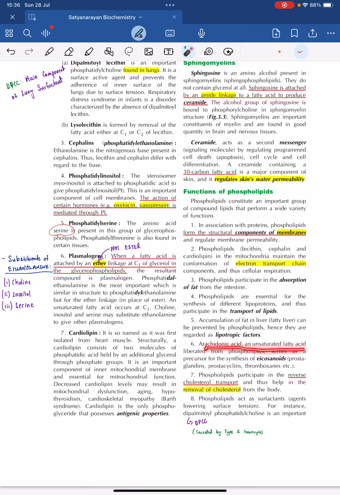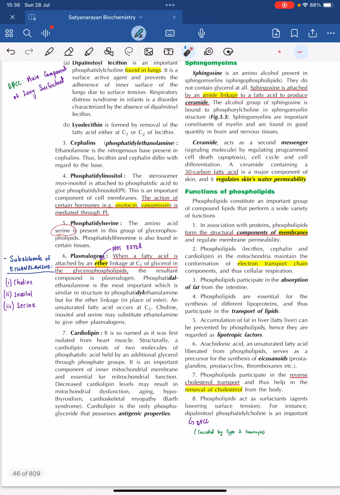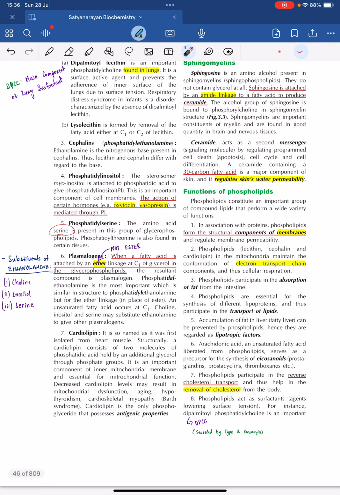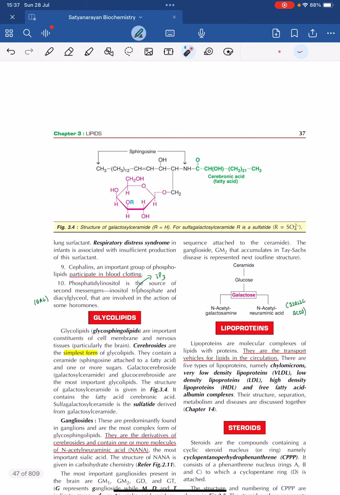Arachidonic acid, an unsaturated fatty acid liberated from phospholipids, serves as a precursor for synthesis of eicosanoids, and phospholipids participate in the reverse cholesterol transport and thus help in removal of cholesterol from the body. Phospholipids act as surfactants, that is, agents lowering the surface tension. For example, dipalmitoyl phosphatidylcholine is an important lung surfactant.